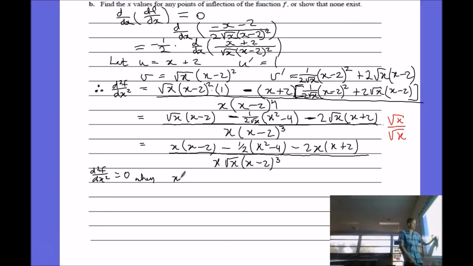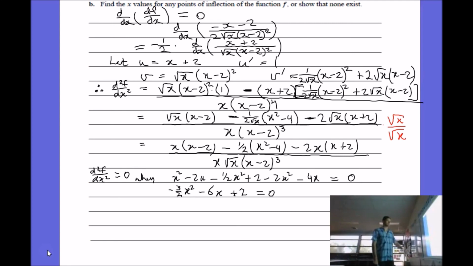So when I've got x squared minus 2x, I'm going to expand it out, minus half x squared plus 2, minus 2x squared, subtract 4x equals 0. Alright, so I've gone from a horrible quotient to now a quadratic. Not too bad. Alright, how was this simplified down to?